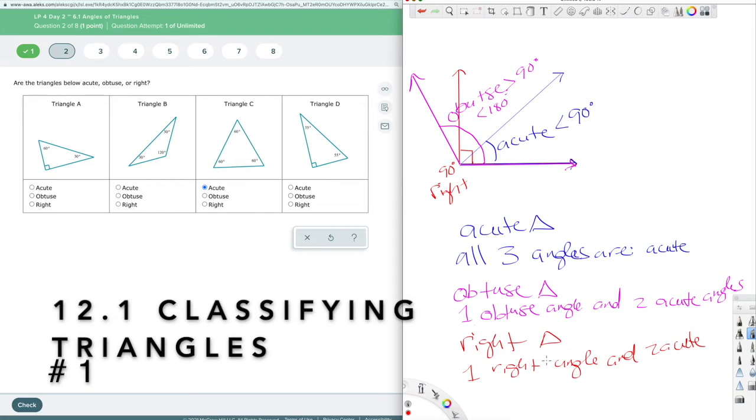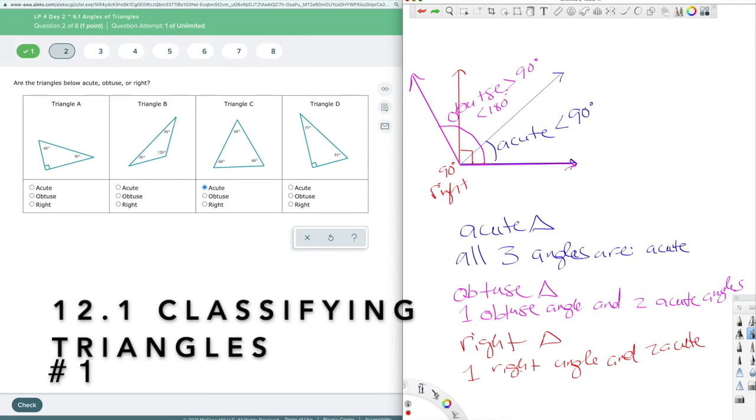If I have one 90-degree angle like this, these other two have to be smaller in order for them to all add up to 180 degrees, because I can't have two right angles. If I had two right angles, that's not going to make a triangle because I'm already using 180 degrees. My other angle would be 0, and that doesn't work. So we can only have one.